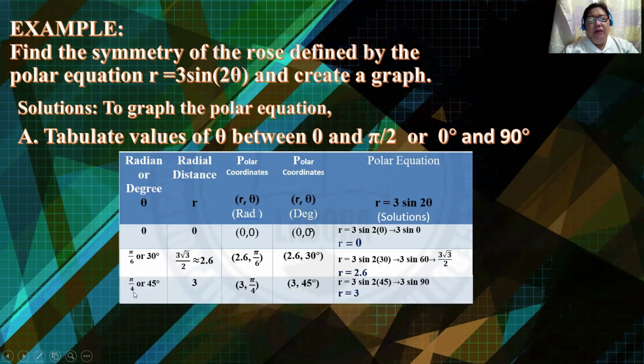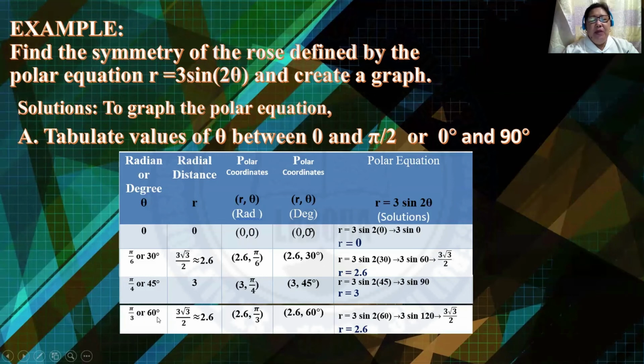Then for pi over 4 equals 45, we have r equals 3 because 3 sine 2 times 45 is 3 sine 90, and sine 90 is 1 times 3, it's 3. That is why the polar coordinates is 3, pi over 4, or 3, 45 degrees.